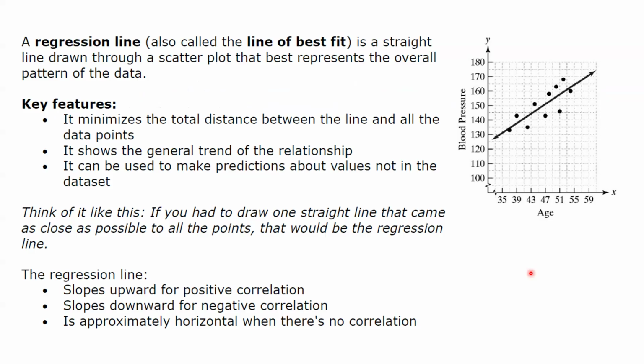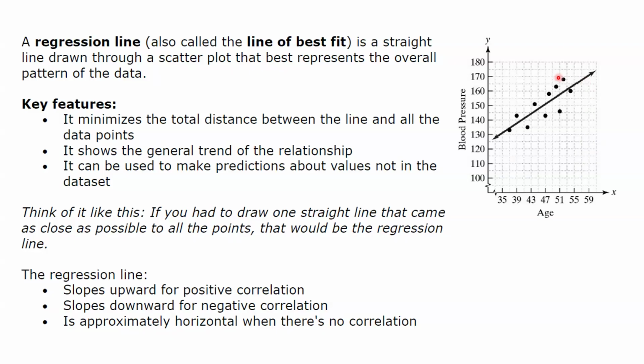Now, a regression line is going to be the next topic that we are going to move forward with from correlation. So now when we look at a scatter plot with a clear pattern, we often want to draw a line through it that represents the pattern. And this is called the regression line or the line of best fit.